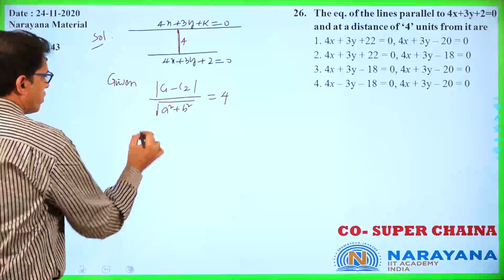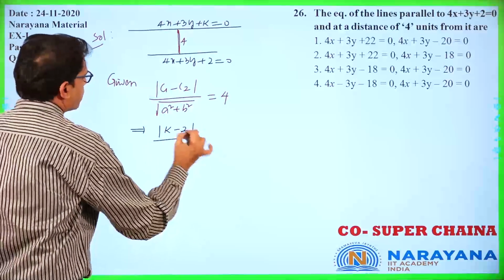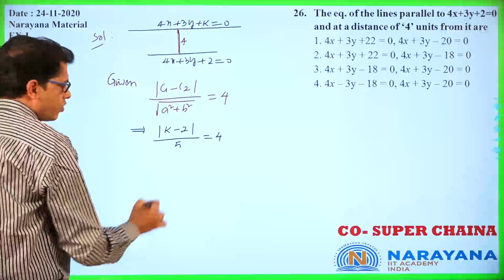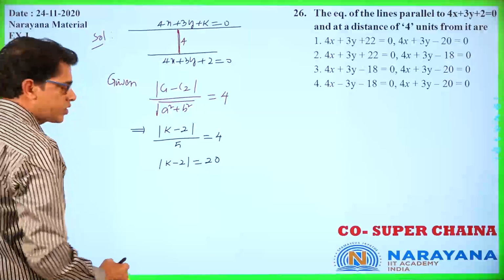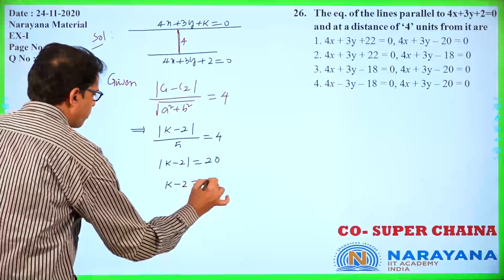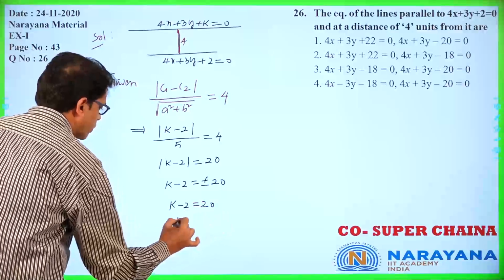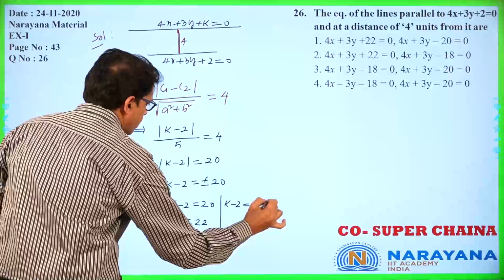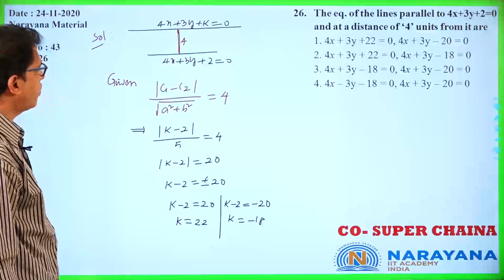That is mod of k minus 2 over root under a square plus b square, which is 5, equal to 4. So mod of k minus 2 equals 20. Remove the modulus: k minus 2 equals plus or minus 20. If you take plus 20, one value is 22. If you take minus 20, the other value is minus 18.